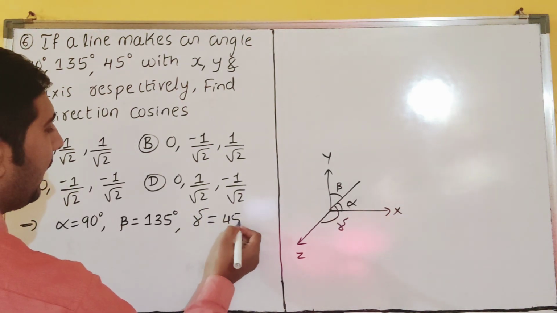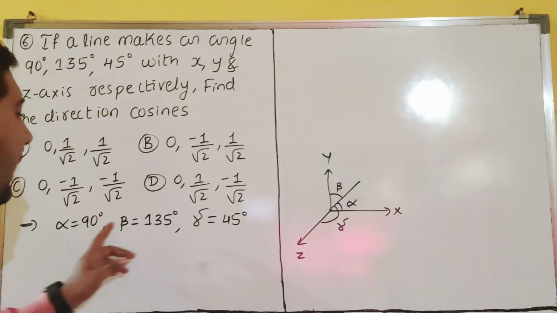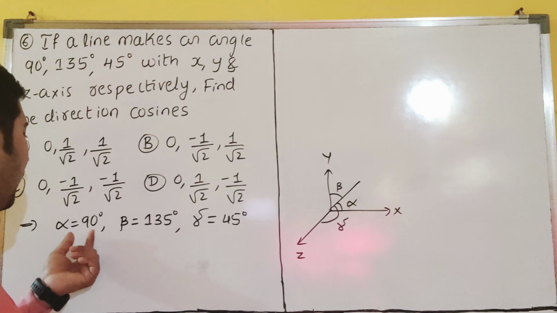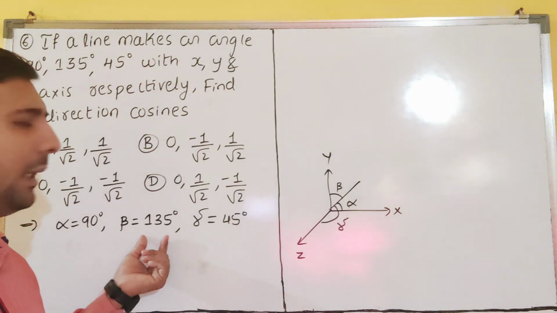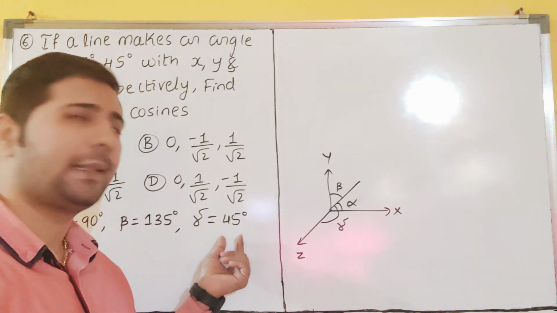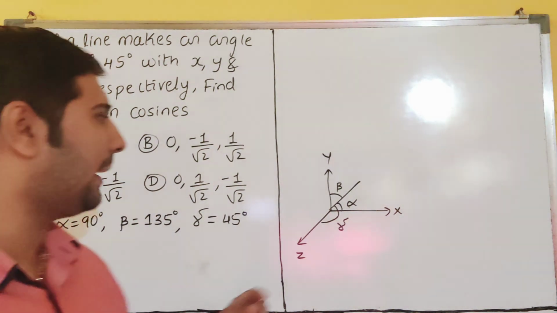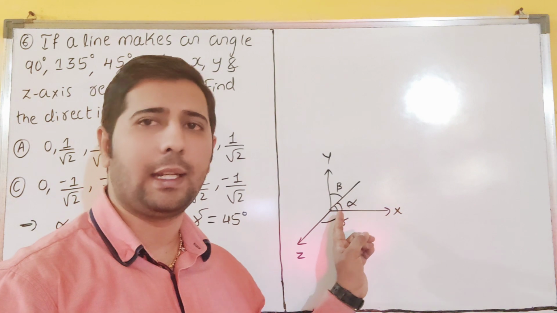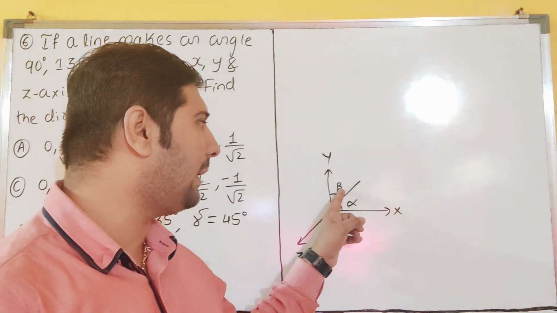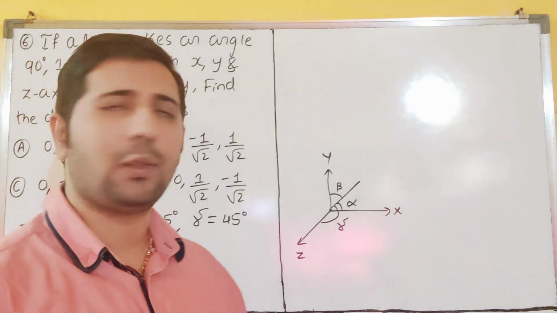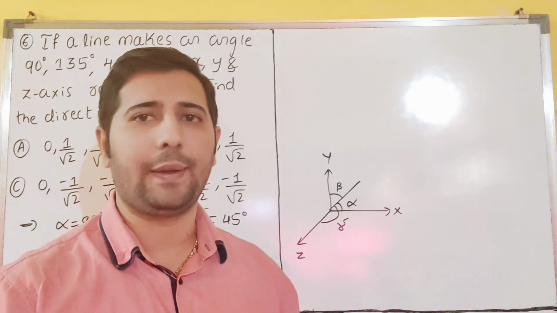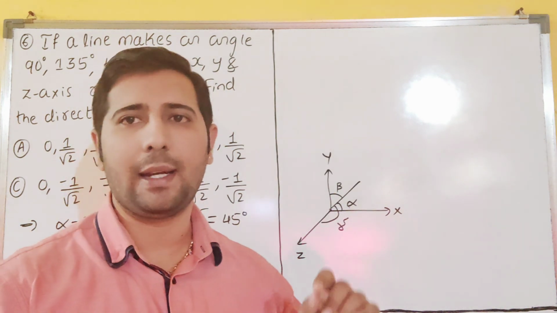The line makes 90 degrees with the x axis, 135 with the y axis, and 45 with the z axis. The angle with the x axis we call alpha, with the y axis beta, and with the z axis gamma. This alpha, beta, gamma are directional angles.